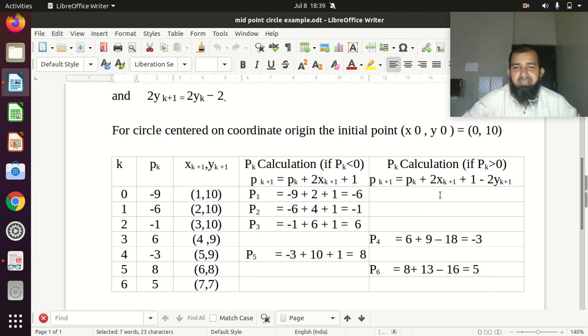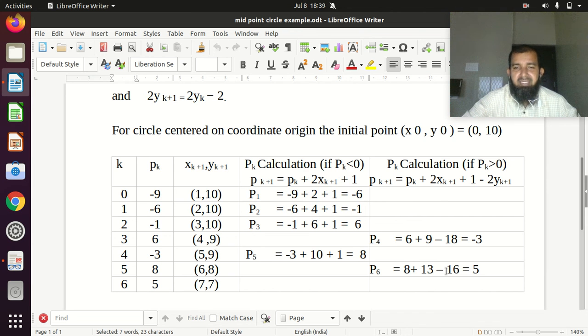Next decision parameter is by this formula. pk is 8, then 2xk plus 1: 2 into 5, 10, plus 2, 12, then plus 1, 13. Then 2yk, yk is 9, 2 into 9, 18, 18 minus 2.